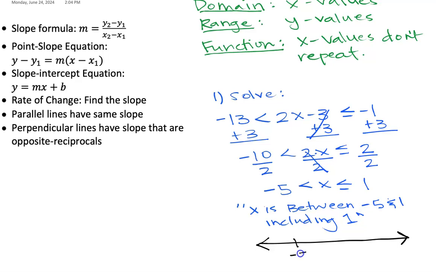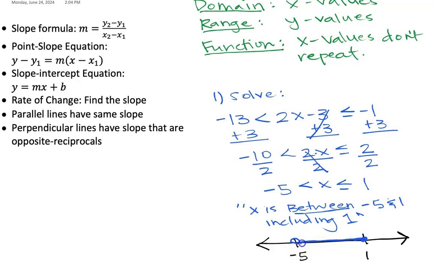So negative 5 is here, 1 is somewhere down here, and next to my negative 5, I have a less than, so that's going to be an open circle on that one. And next to my 1, I have a less than or equal to, so that's a closed-in circle there. And then we want all of the stuff that's between it. And so the stuff that is between it is this.